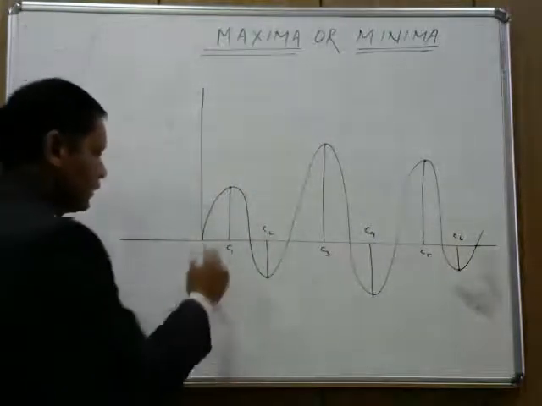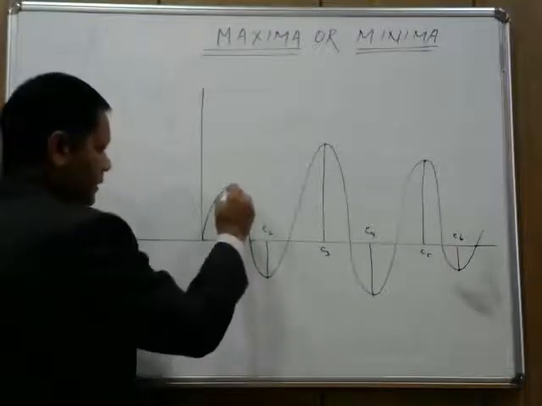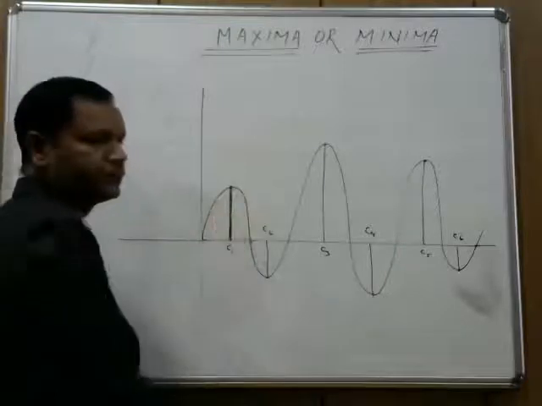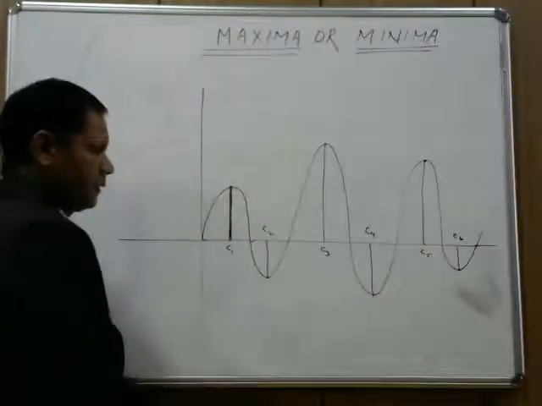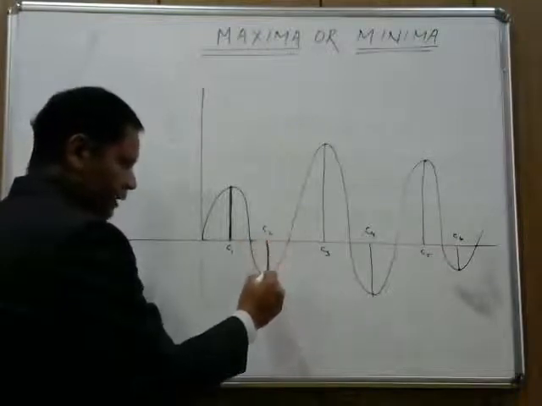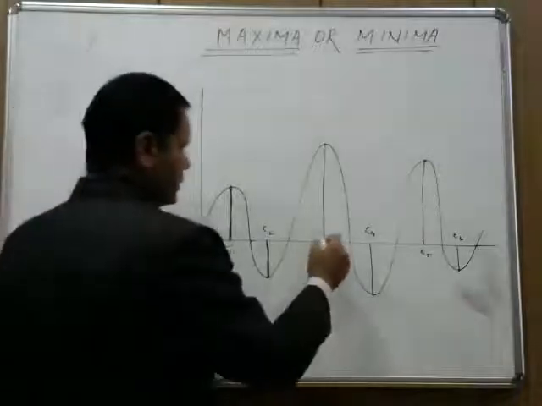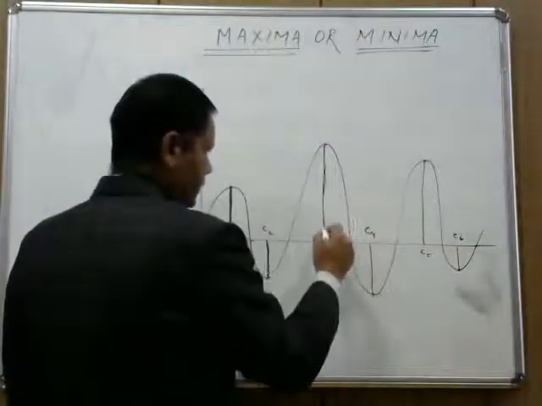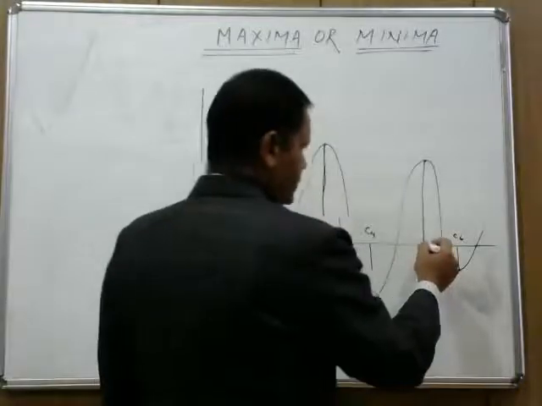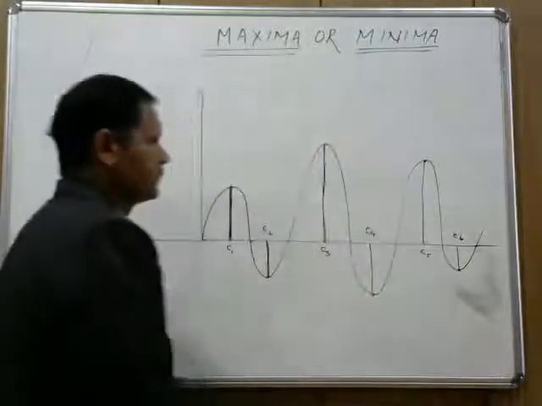If I talk about this, between this and this, it seems that C1 is the point where it attains the maximum value. In between this, C2 is the point where it attains the minimum value. Here C3 is the maximum value, C4 is the minimum value of this function, C5 maximum value, C6 minimum value.